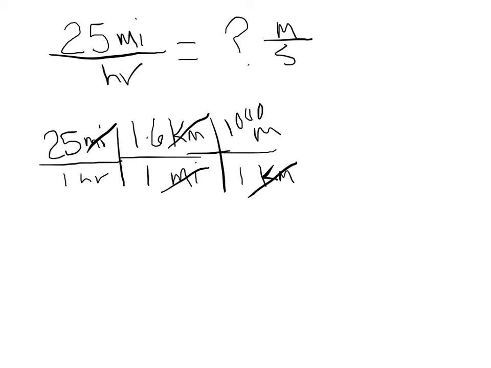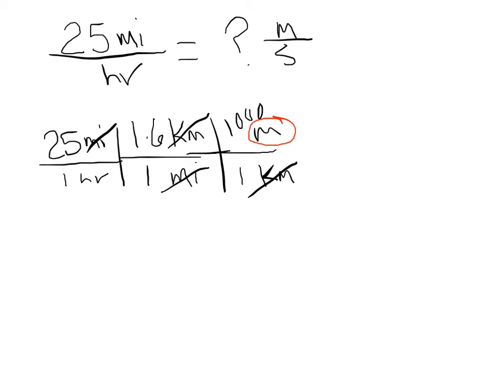Kilometer cancels. And now I'm good in terms of my unit of distance, but I'm not yet good in terms of my unit of time. That's what I'm going to work on next.